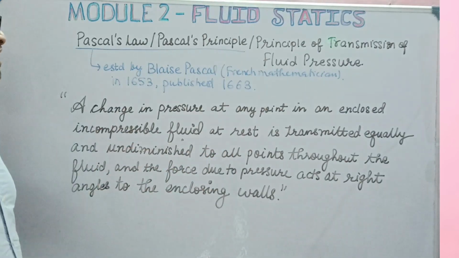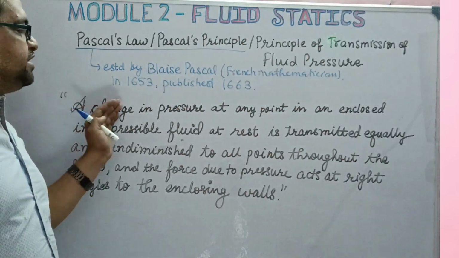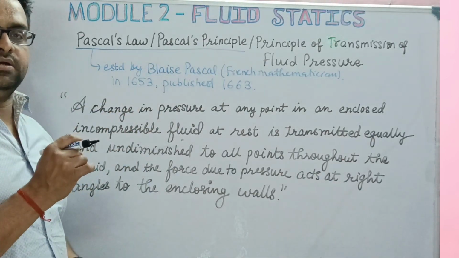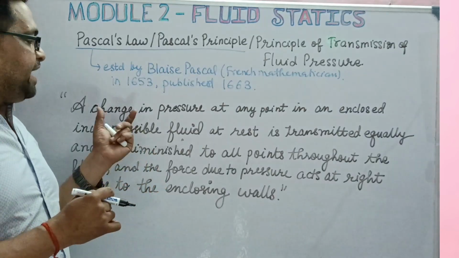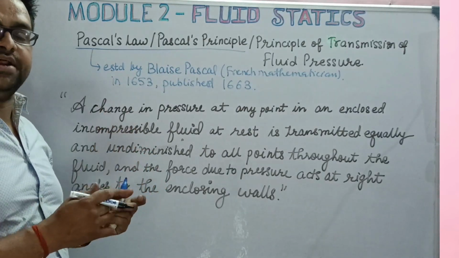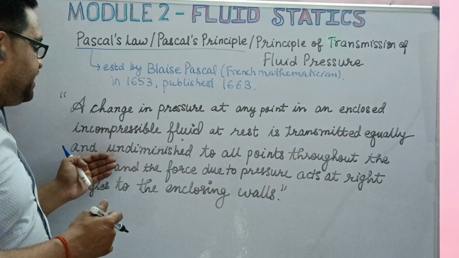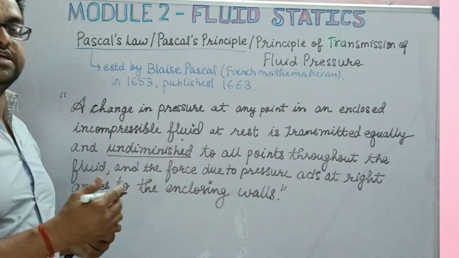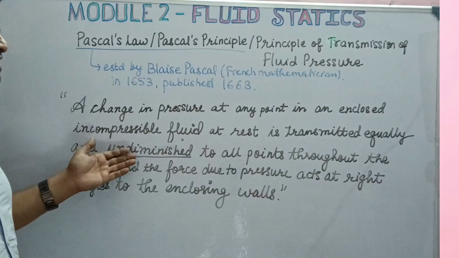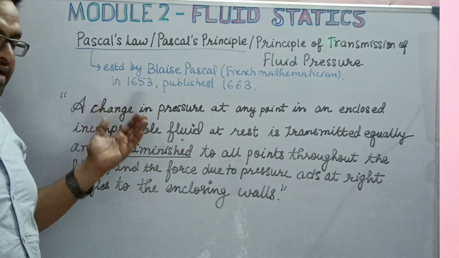This simply means that if there is a change in pressure at one point in an enclosed incompressible fluid, then that change will be transmitted equally and undiminished. By undiminished, we mean there will be no change in its intensity, or no change in the magnitude of the change in pressure.